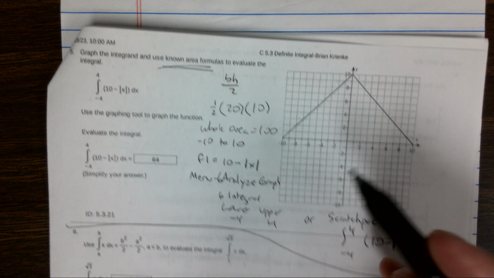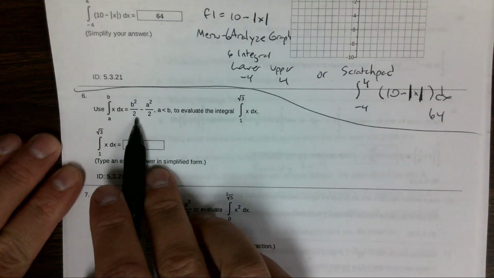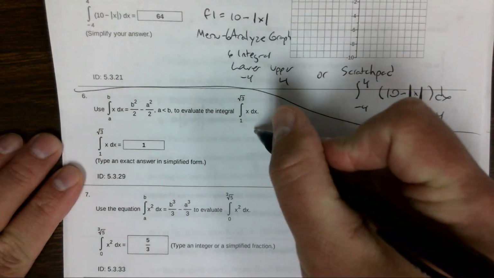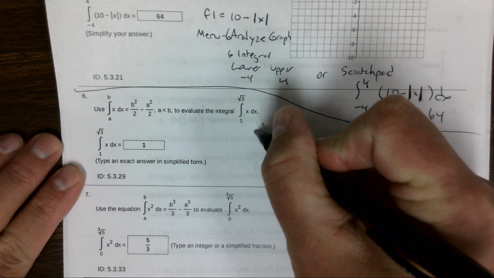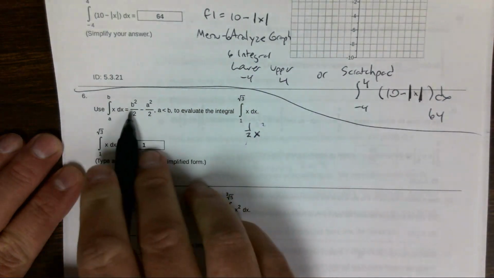So what we're doing is the integral of x, and it tells you in the formula what to do. Basically, you change the x to be x squared, and then put a half in front of it, and that's what they have.